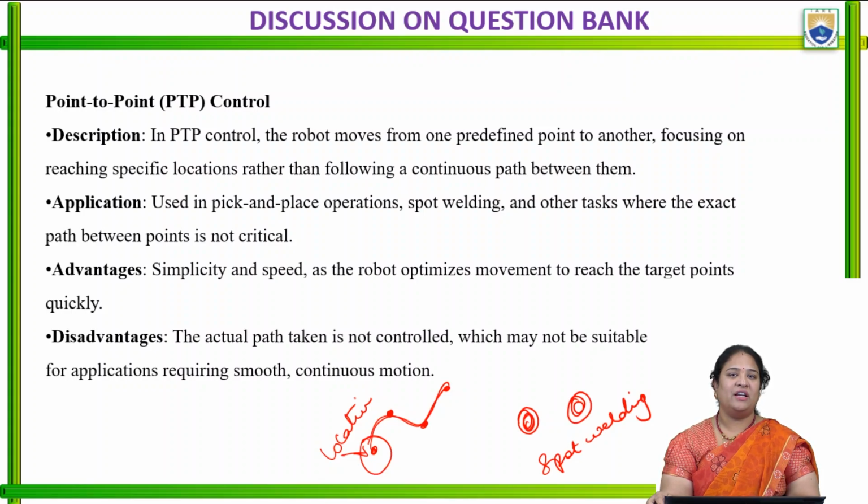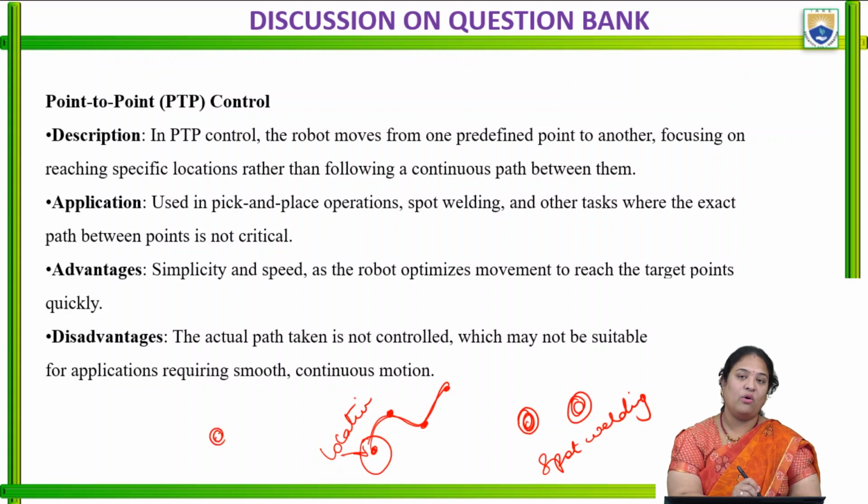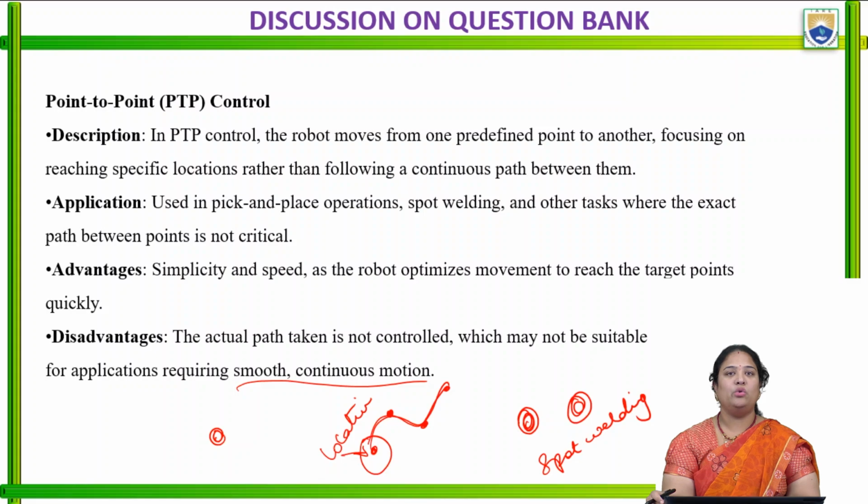Whereas one disadvantage is that the actual path taken is not controlled, which may not be suitable for applications that need smooth and continuous motions. In such operations, the point-to-point control system is a disadvantage as it doesn't have control on the specified path.